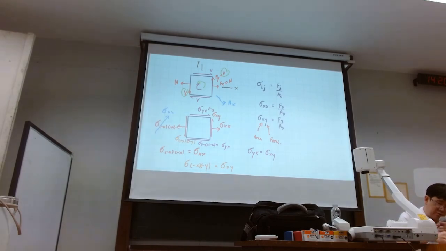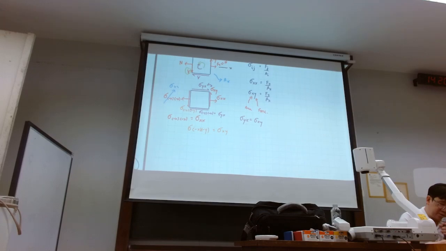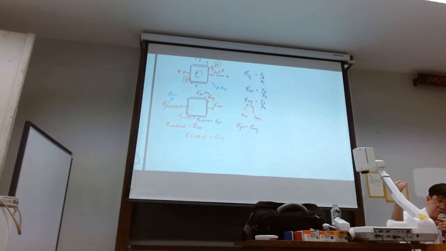So of all of this, even though we have 4 different surfaces, when you start doing all of this, you will end up having stress xx, stress xy, and stress yy. Those are the 3 that will be independent. The rest will be dependent. Okay? The rest will be dependent.